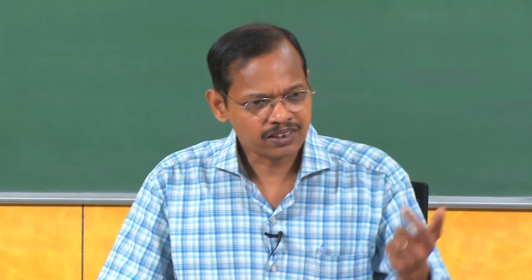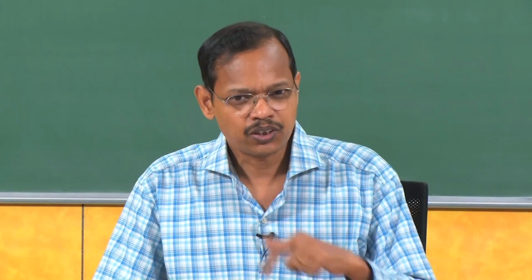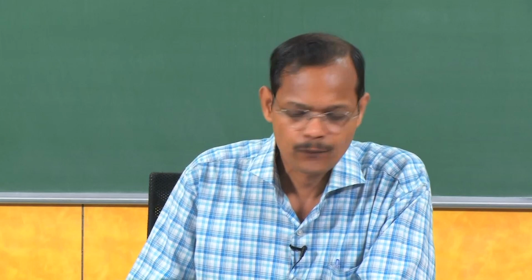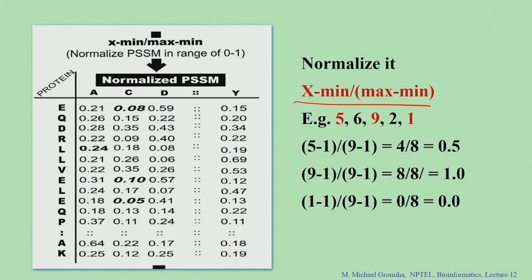In this case you can normalize between 0 and 1. How to normalize the values between 0 and 1? You can use this equation: x minus minimum, divided by maximum minus minimum. For example, I give 5 numbers, and this is the lowest one.